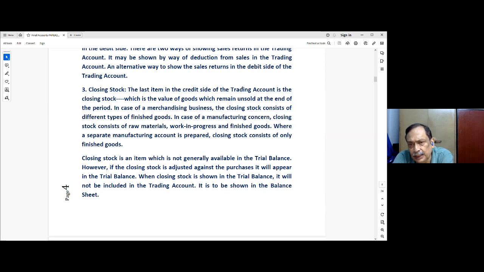In case of a manufacturing concern, closing stock consists of raw materials, work in progress, and finished goods. As I have told, work in progress also may mean partly finished goods or semi-finished goods. Where a separate manufacturing account is prepared, closing stock consists of only finished goods.